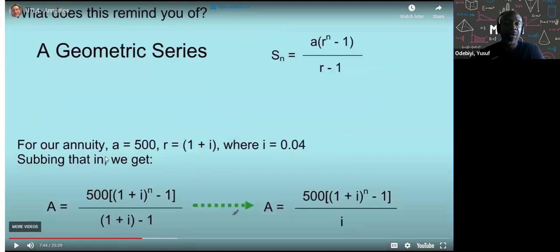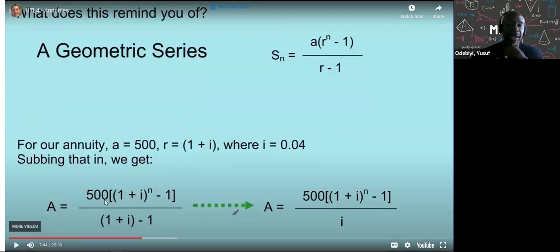For our example, here we're looking at the annuity, the future amount for that student when he was getting $500 every year for getting good grades. This was the formula that we had.